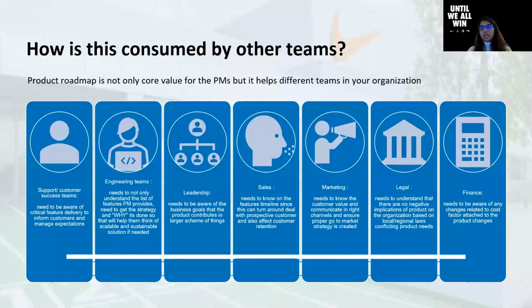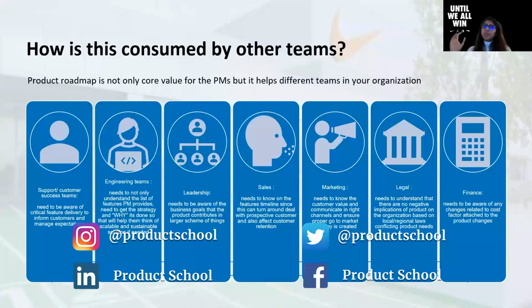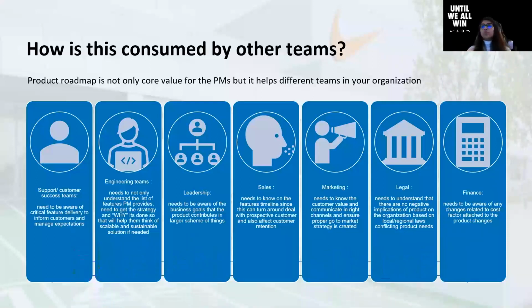And another example is marketing. This is also very crucial, because if you're working on a product that is focusing on a B2C product, you need to have a go to market strategy for everything you launch. And marketing is very valuable for that, and they know how to properly communicate the value of a change.